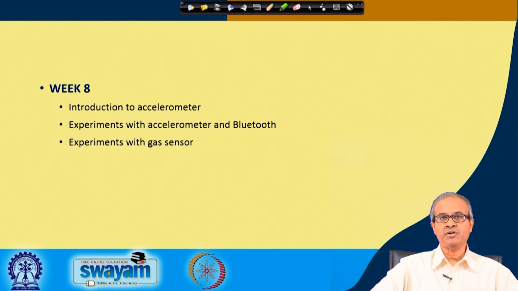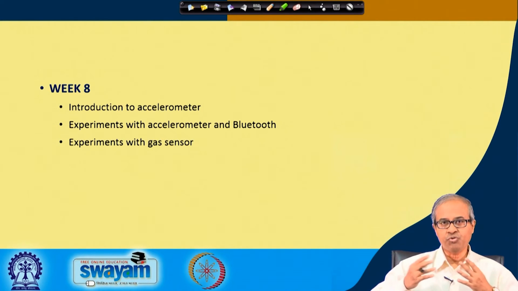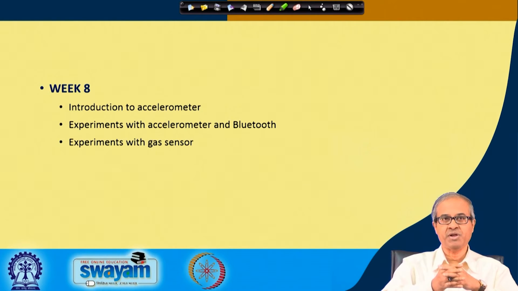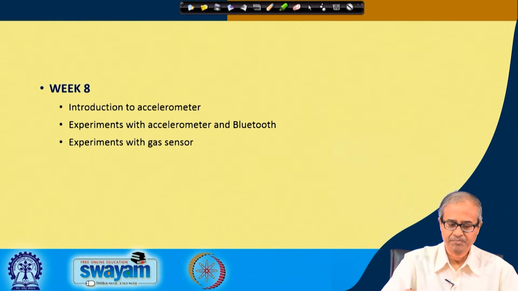In particular, we looked at experiments where we interfaced such an accelerometer with Bluetooth technology, paired with a mobile phone, and some messages were displayed on the mobile phone screen. And lastly, we had some experiments with a gas sensor, which is also a very important kind of sensor for many applications.